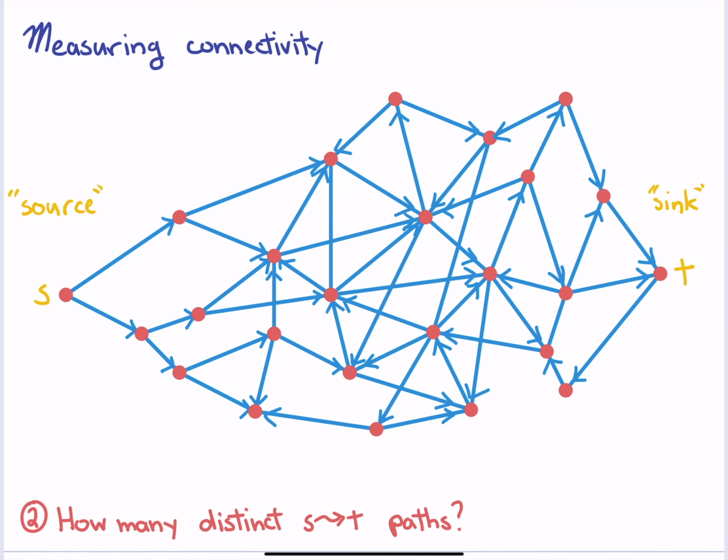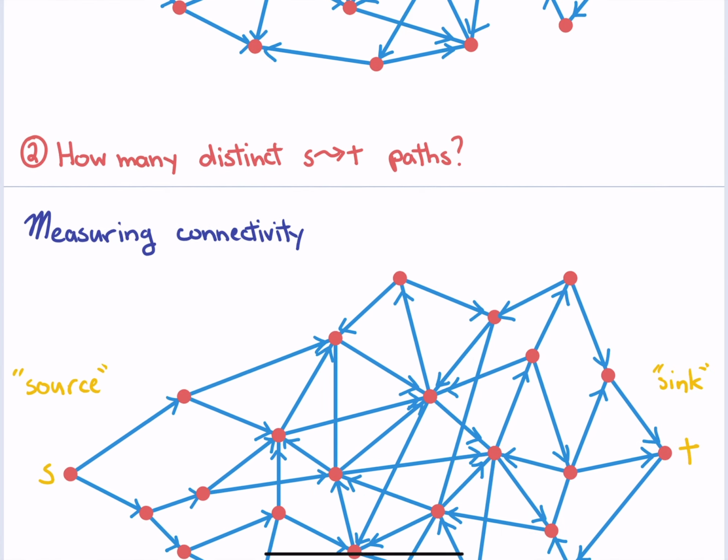A second question might be: how many different paths are there from S to T? There could be exponentially many, or not that many. I'm actually not sure what the best way is to solve this. I don't know if it's solvable.